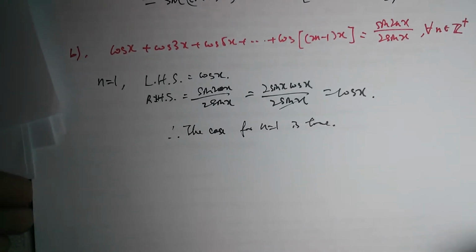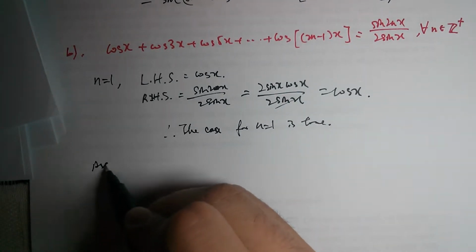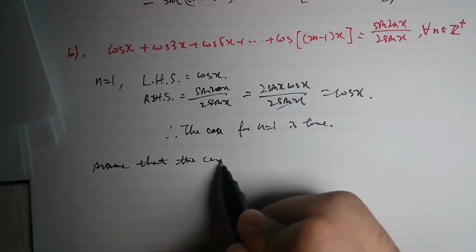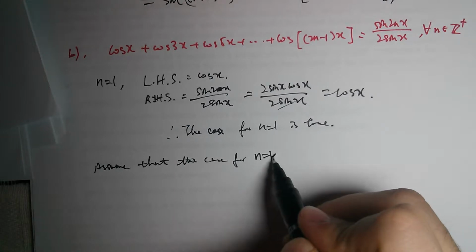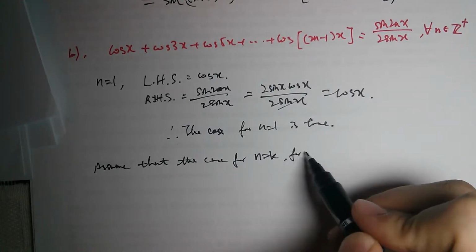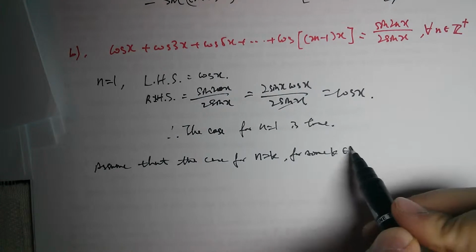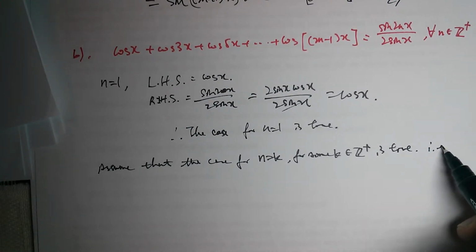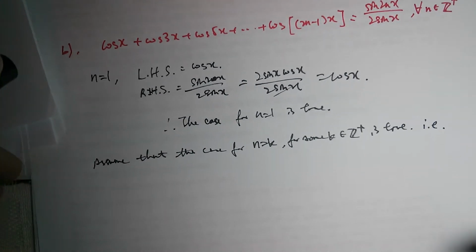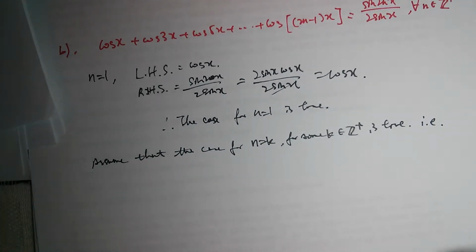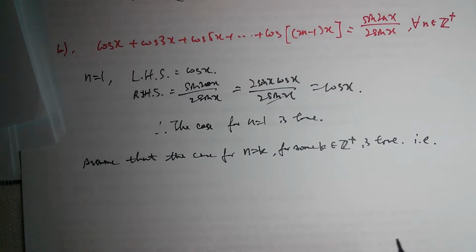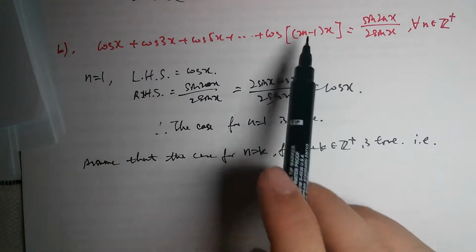The second step, assumption part. You want to assume that the case for n equal to k, for some positive integer k, is true. That is, just to show you what this assumption means, you basically look at the question and change the n to k.